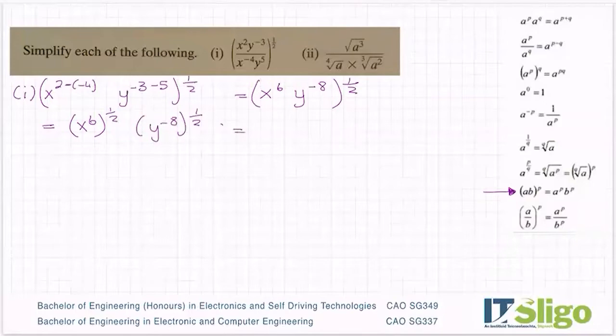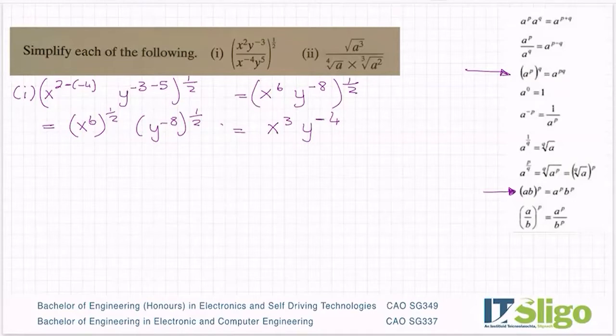Okay, and now it looks like this rule here, the third rule, so it's power to a power. Okay, and when you have that, it's telling you to multiply the powers. Okay, so 6 times a half is 3, minus 8 times a half is minus 4.